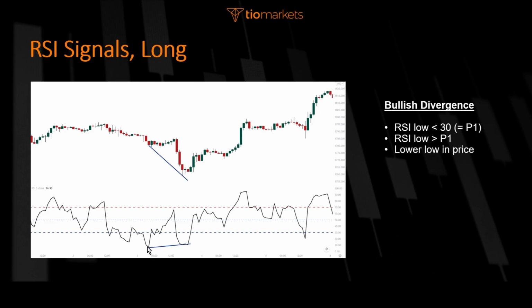And then the RSI rallies, comes down again, and then we get another RSI inflection point or low that is actually above the P1. So you have RSI moving higher as per these two inflection points, but at the same time the price is moving lower. So this is a bullish divergence.